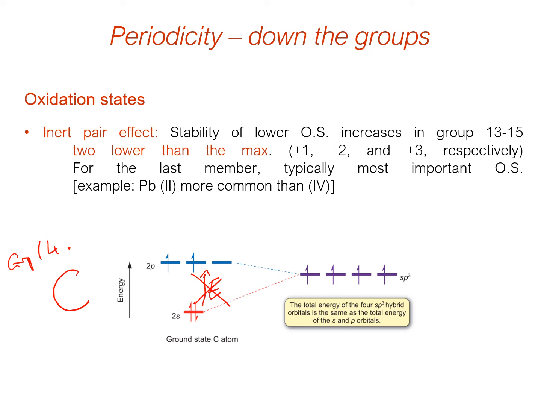So for lead, for example, not that lead hydride really exists, but it works for the last example, if that was to bind with hydrogen, this promotional energy isn't made up for, it doesn't sp3 hybridize, and we just end up with 2 bonds here. So that's essentially how the inert pair effect works and how it's related to the bond enthalpy, and that's why the lower oxidation state increases as we go down the group.